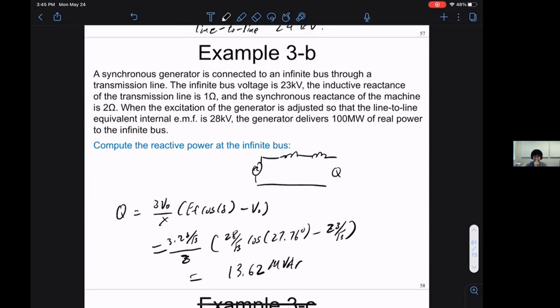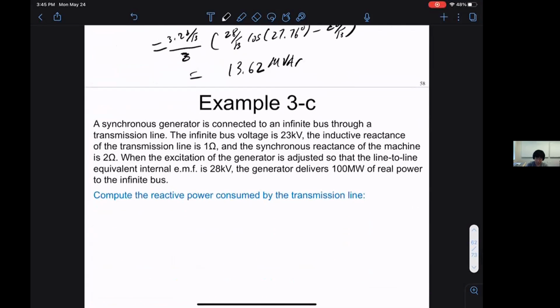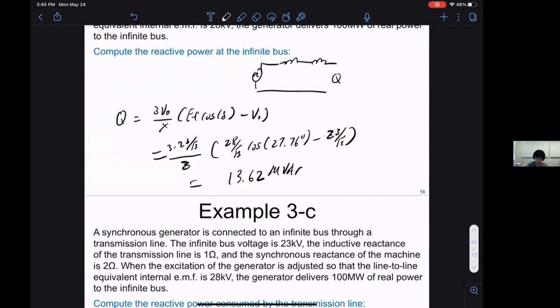Before the reactive power gets to the infinite bus, it's also consumed by the transmission line. So for example, we can compute the reactive power consumed by the transmission line, because if you look at the circuit model, this reactance consumes some reactive power.